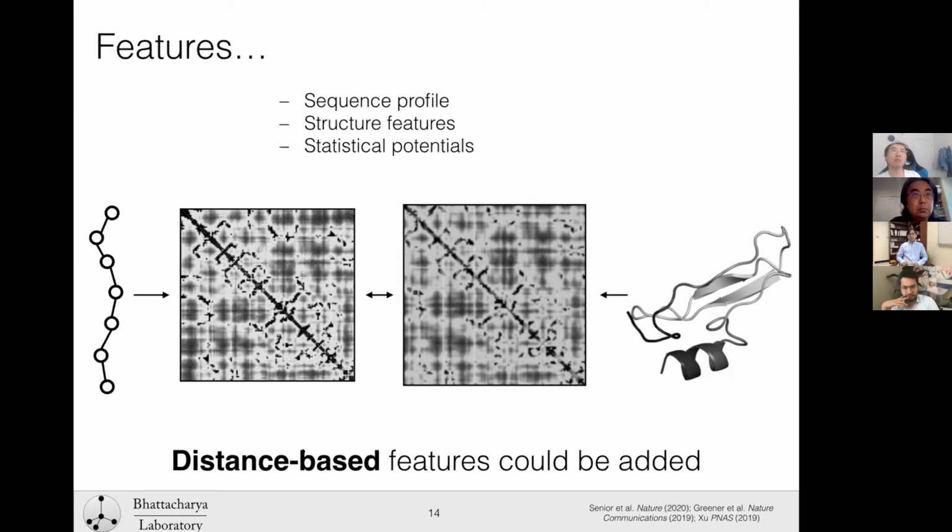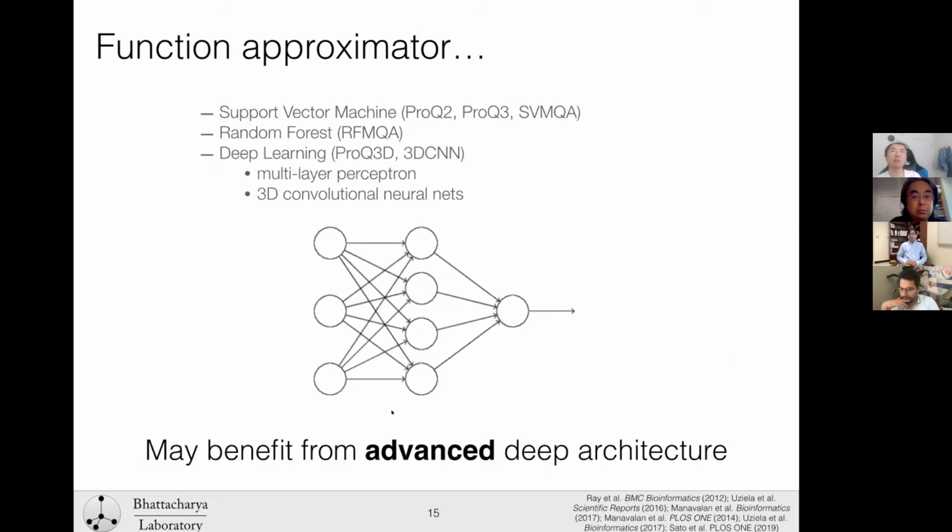And so distance-based features could further improve the performance of quality estimation. In terms of the function approximator, many different variations have been tried, including support vector machines, random forest, or deep learning methods such as multi-layer perceptron or 3D convolutional neural networks for predicting the quality of the models. But these methods could further benefit from advanced deep architectures.